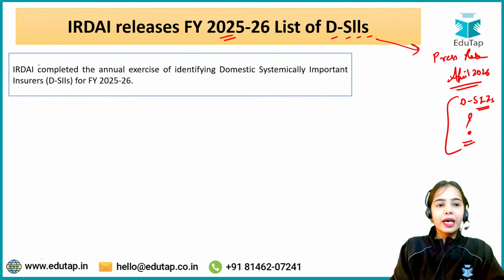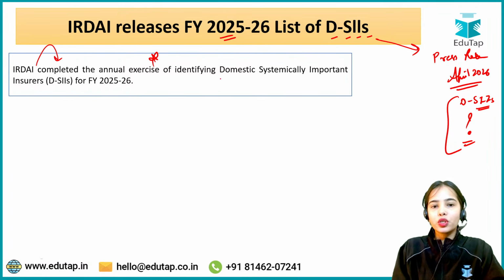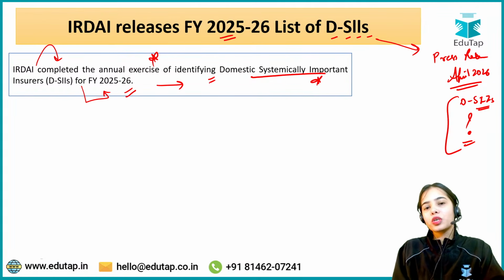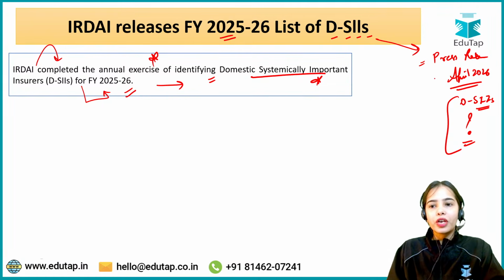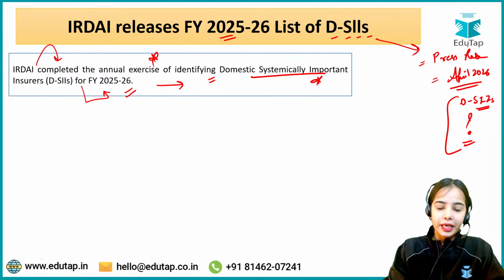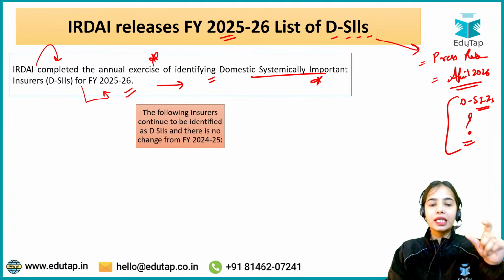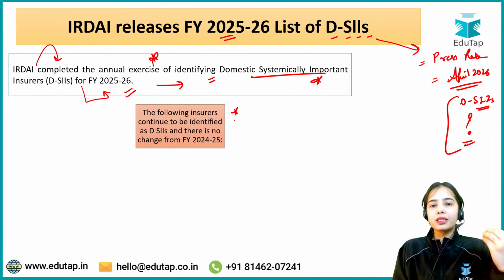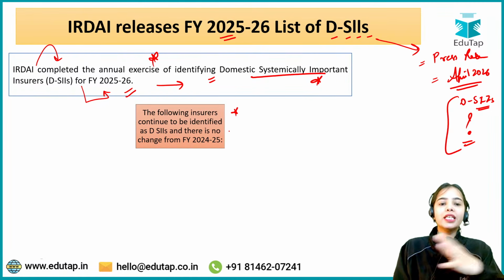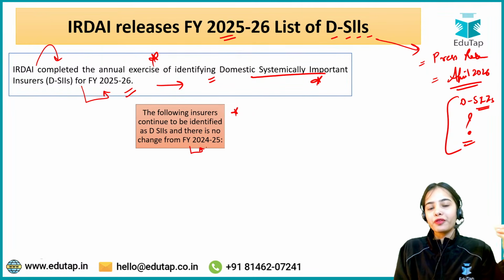So first of all, IRDAI has completed the annual exercise of identifying the domestic systemically important insurers for the financial year 2025-26, and this list was recently released in the press release of April 2026 by the IRDAI. Now the following insurers continue to be identified as domestic systemically important insurers, and there is no change from the financial year 2024-25.